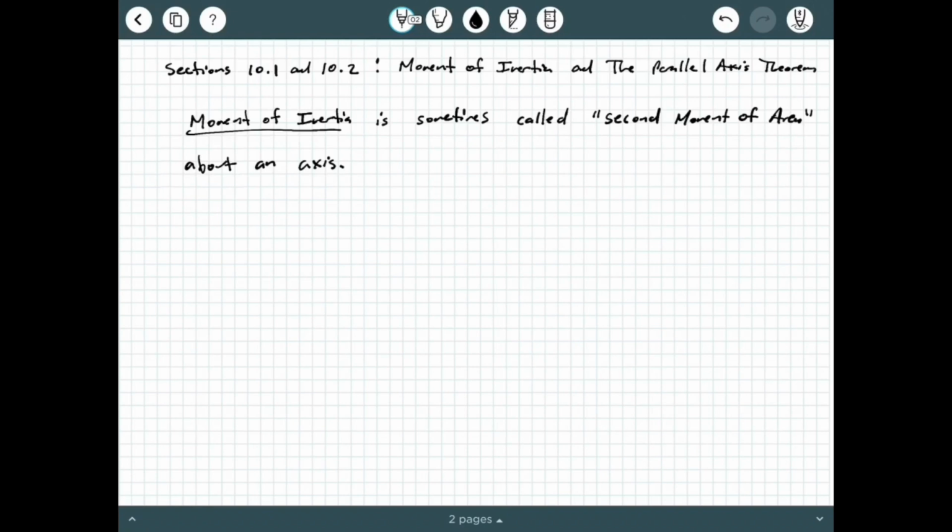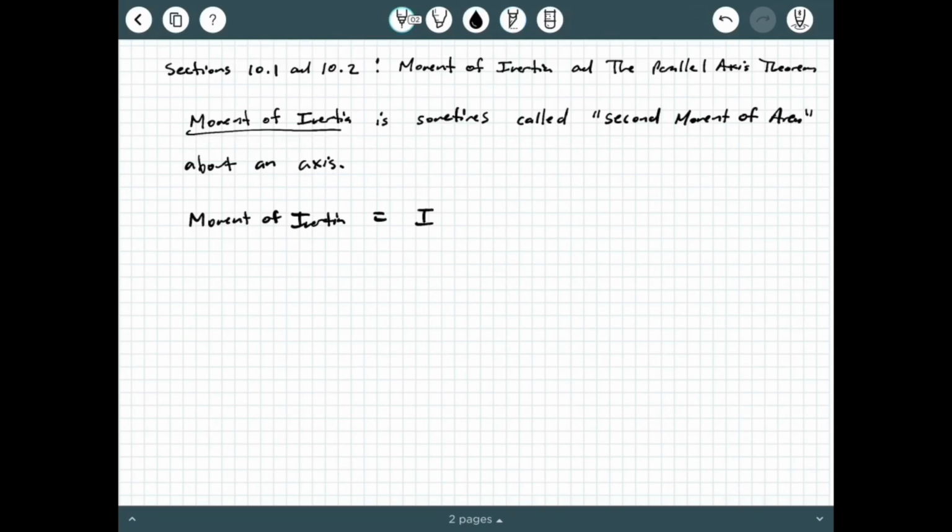Okay, so we typically use the capital letter I for moment of inertia. Now, you always are computing the moment of inertia about an axis.